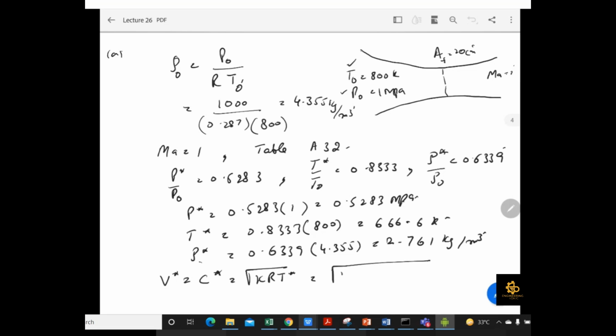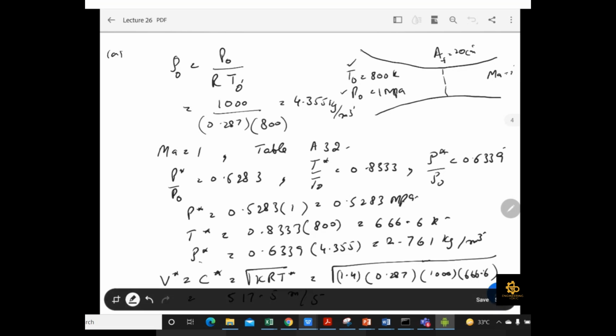So from here, 1.4 is the k value, R value is 0.287, then 1000 multiplication for the conversion of kilojoule to joule, and then T star is 666.6. From here you can find V star as 517.5 meter per second. So this is part A, we have found the throat conditions. If you have any question, you can ask me, or else we will start part B as well.